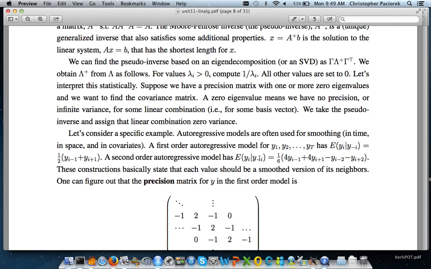So let's see here. So we had an eigenvalue that was 0. So that is 0 variation. And wait, I'm managing to confuse myself here.